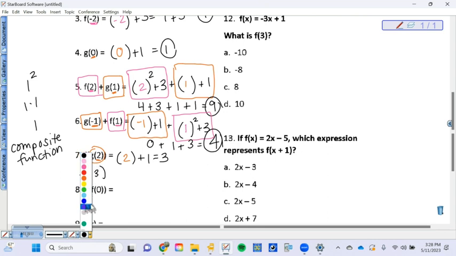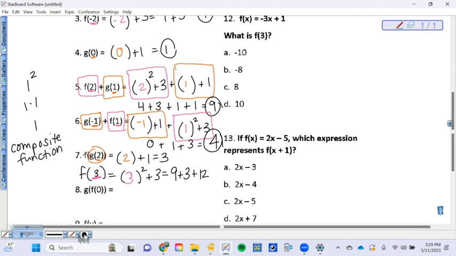So f of 3, I take 3 and plug it into my f function, which was 3 squared plus 3. So that gave us 9 plus 3, which is 12. Good. So you start with the inner part and evaluate that, and then you plug that into the other function.